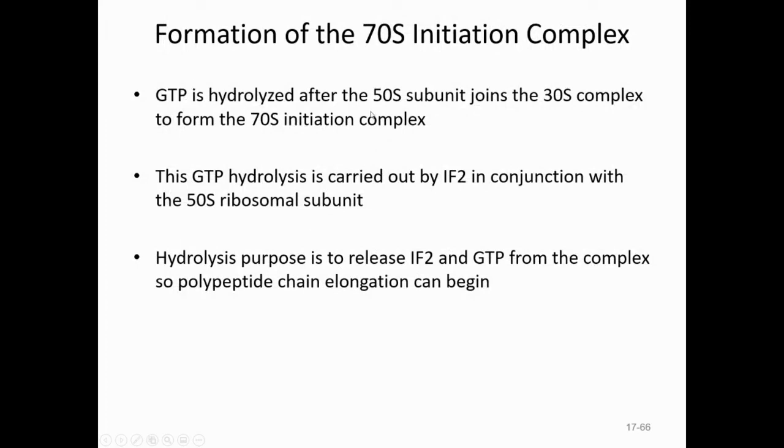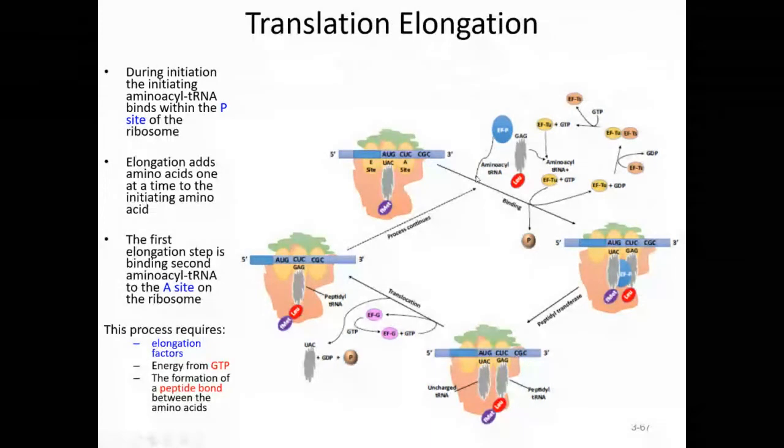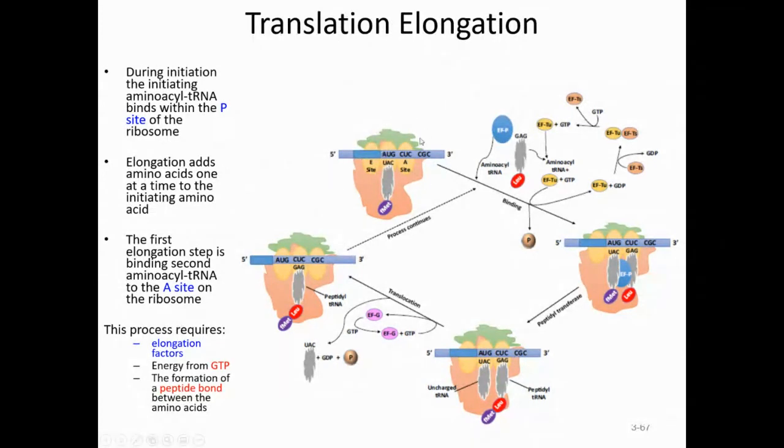The GTP is hydrolyzed after the 50S subunit joins the 30S subunit and forms the 70S initiation complex. Once this is done, that's translation initiation. And then elongation basically begins when the second amino acid is joined.